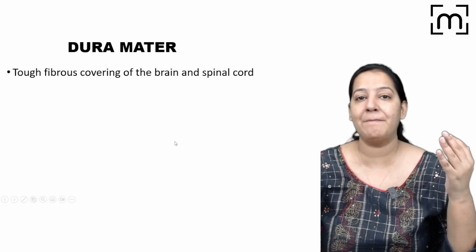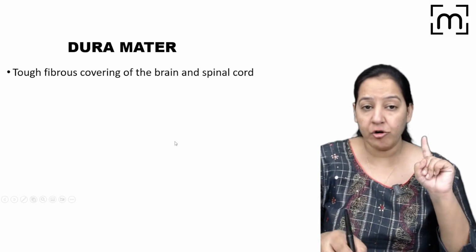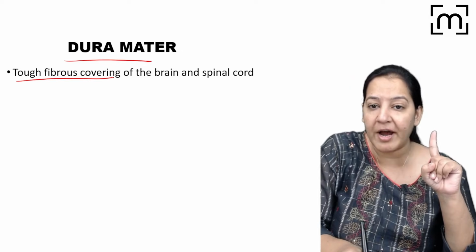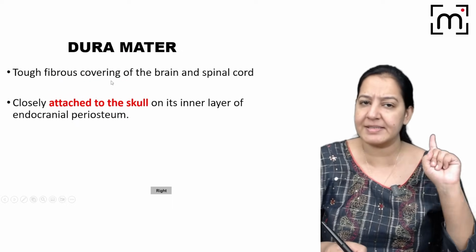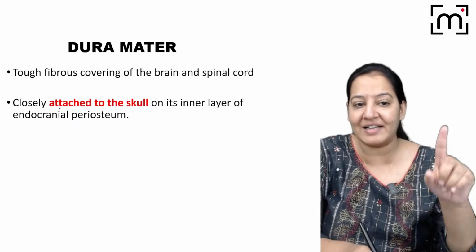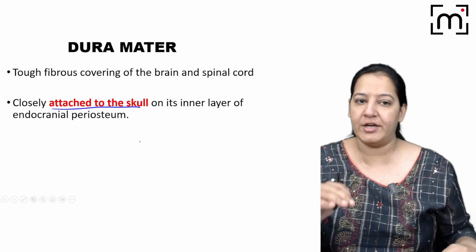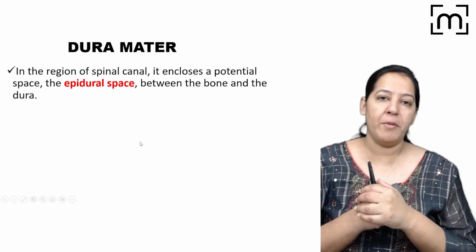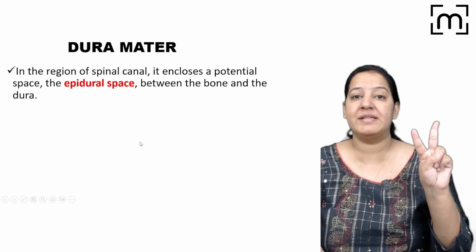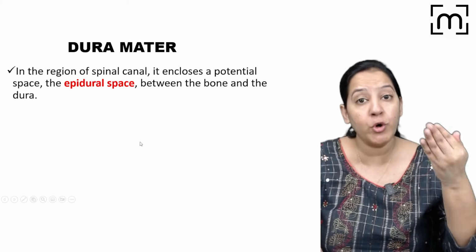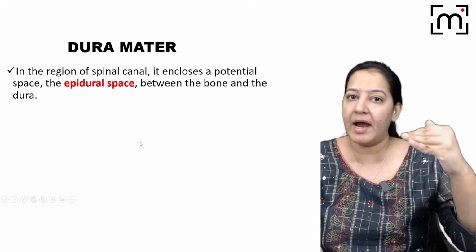Now let's talk about the meninges in a little more detail. The outermost, the dura mater, is a tough fibrous covering. It is closely attached to the inner side of the skull. And let's talk about the spaces. Basically, there are two spaces related to the dura mater. One above the dura mater, that is between the skull and dura mater.